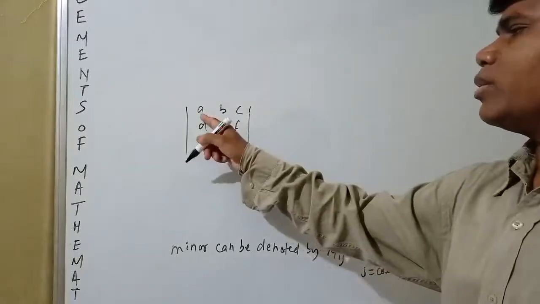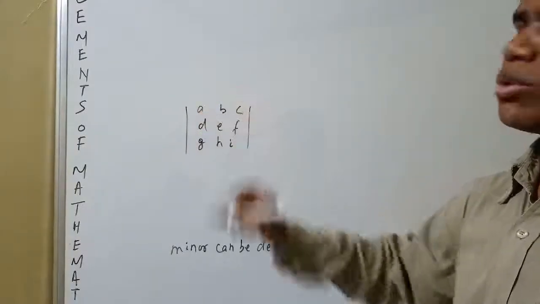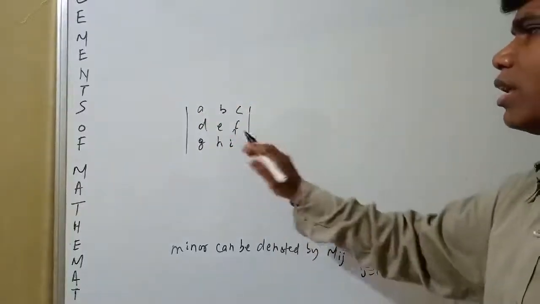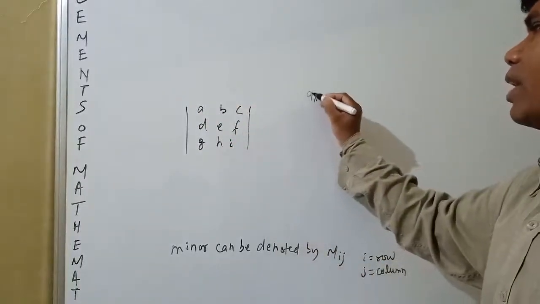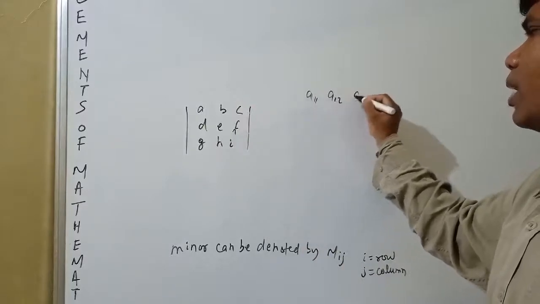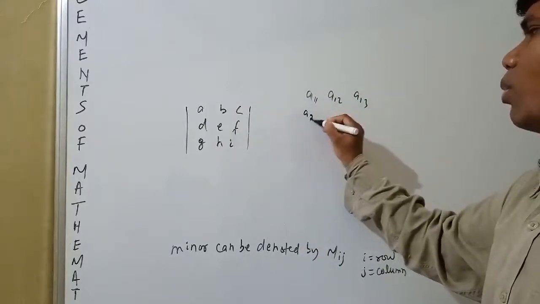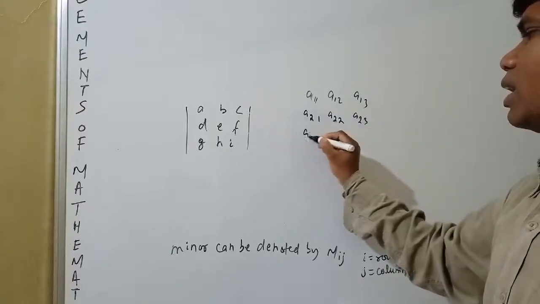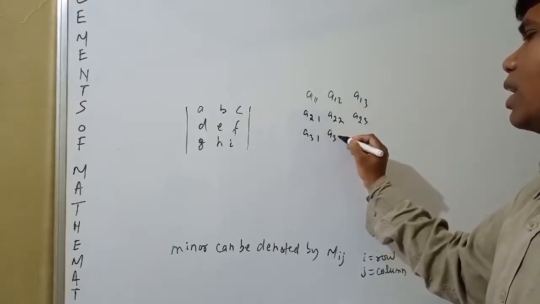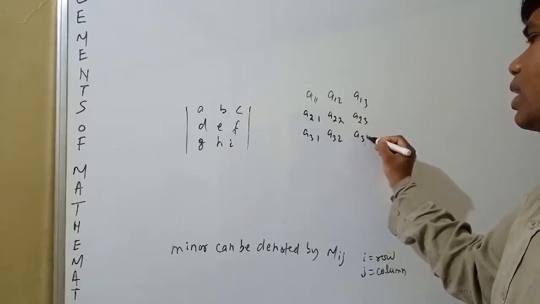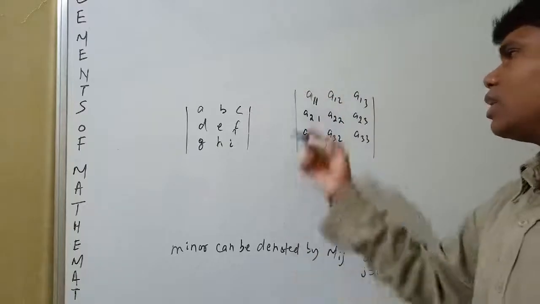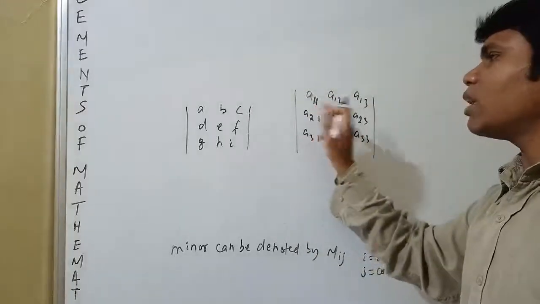I can also write A11, A12, A13, A21, A22, A23, A31, A32, A33. The first one is row, the second one is column.